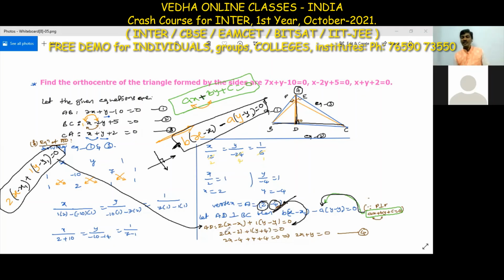Now multiply: 2 into x is 2x, 2 into 2 is 4, and 1 into y is y, 1 into 4 is 4, equal to 0. Plus 4 minus 4 cancel. So 2x plus y equals 0 is the required altitude equation.